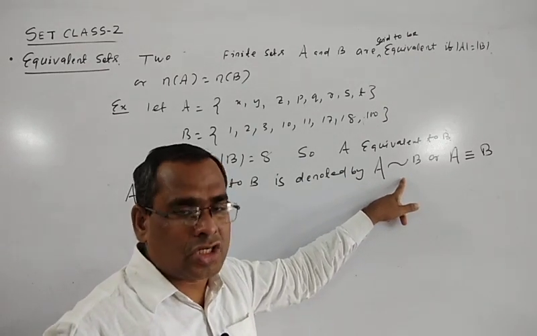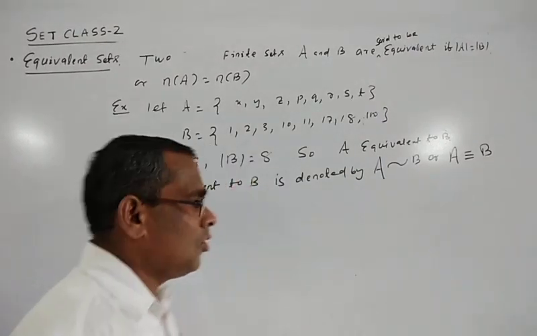Two finite sets are said to be equivalent if they have the same number of elements.